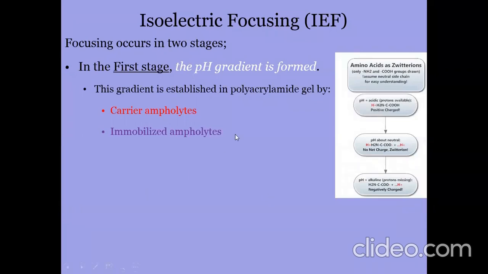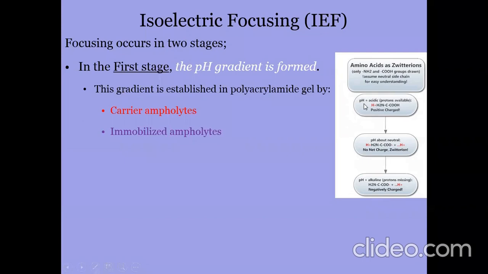In the first stage, if you can see the diagram on the right side, the amino acids are shown as zwitterions, with the amino group and carboxyl group, and they are drawn assuming a neutral side chain for easy understanding. Once we assume that the alkyl group is neutral, an amino acid can be considered a zwitterion, because on one side of the chiral carbon there is an amino group and on the other side a carboxyl group.